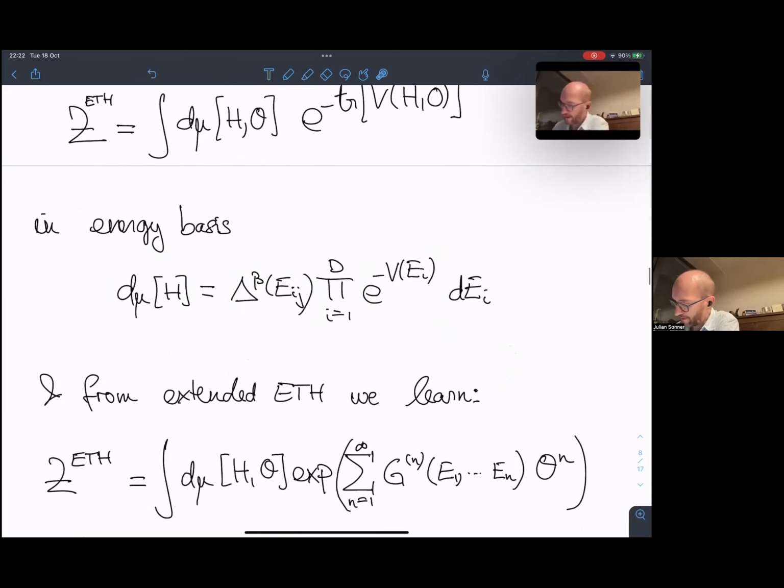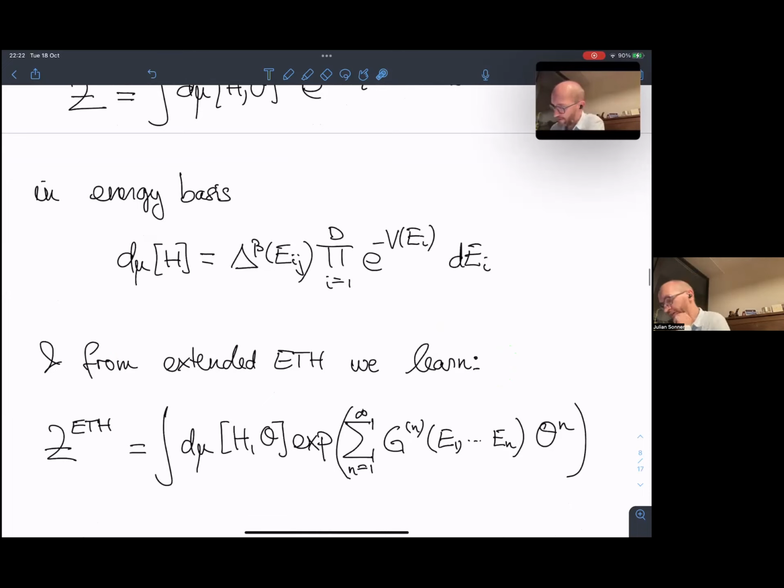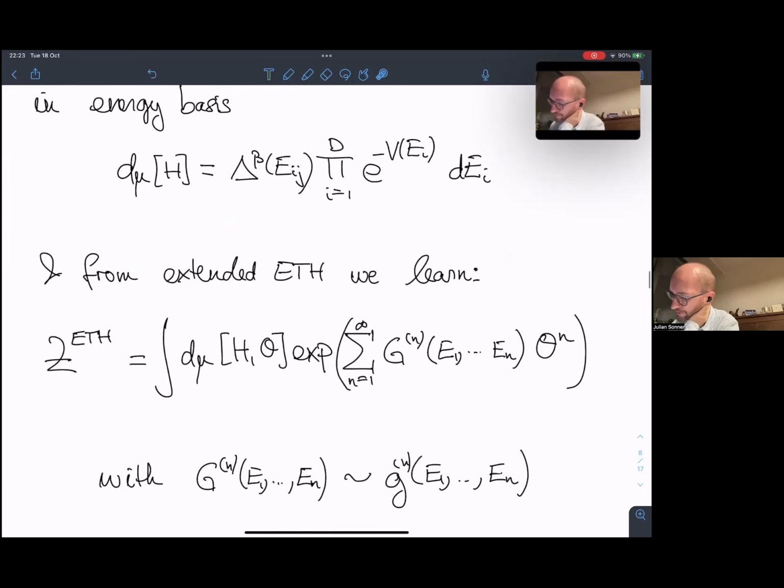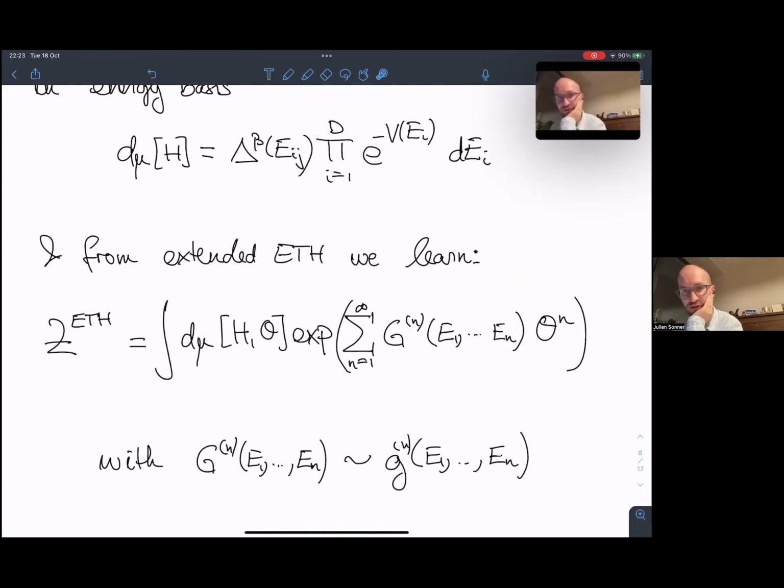And from this extended ETH, we learn that the O part of this potential, and I will illustrate in a second why this is the right choice, is basically given as an expansion in powers of the O matrix, where the coupling constant of each power is a function that I call G_n.